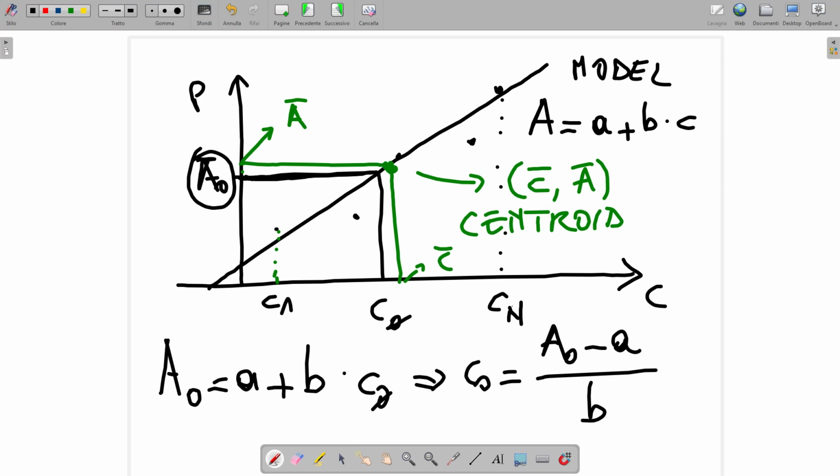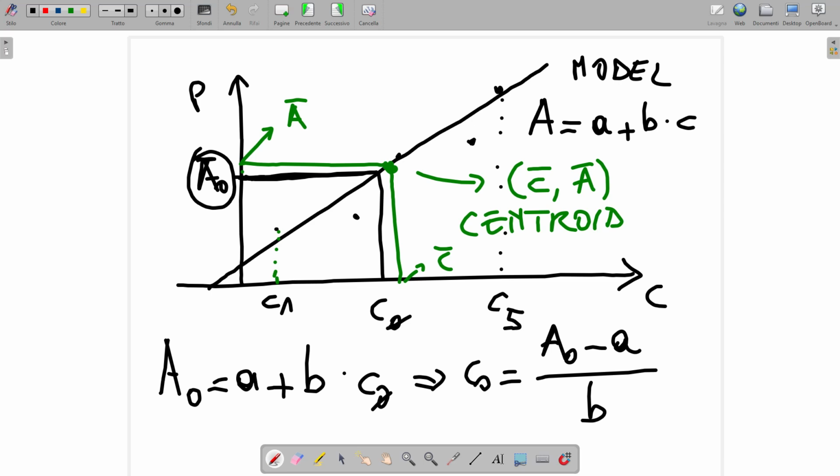Okay? Or more simply, C5 in this example. So in this example, C1 is the concentration of the most diluted standard, and C5 is the concentration of the most concentrated standard. Okay?